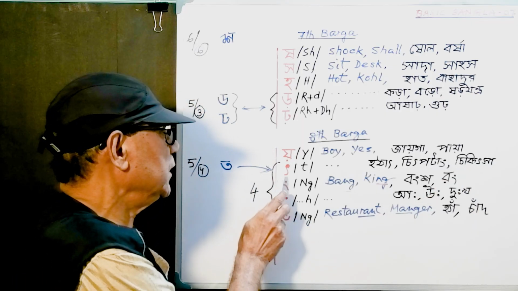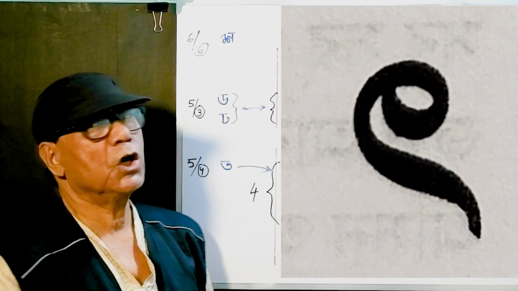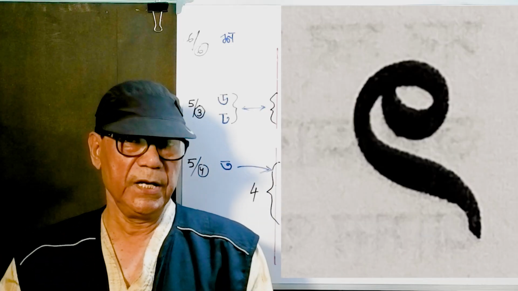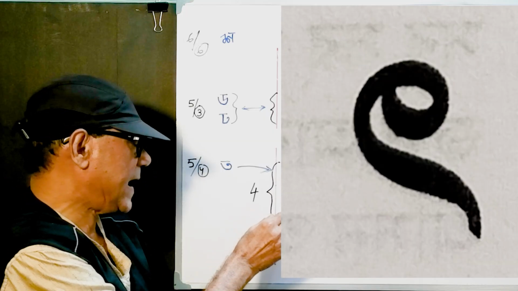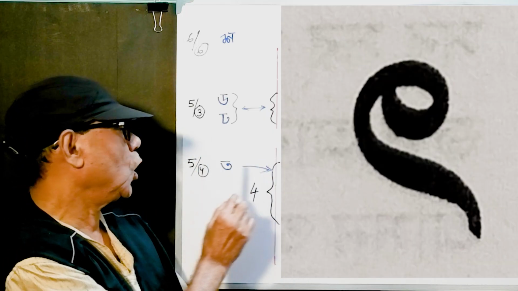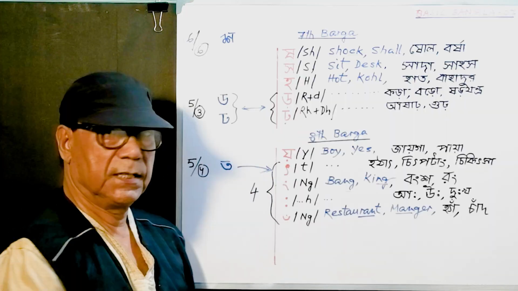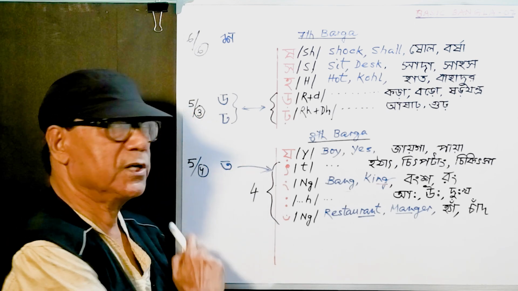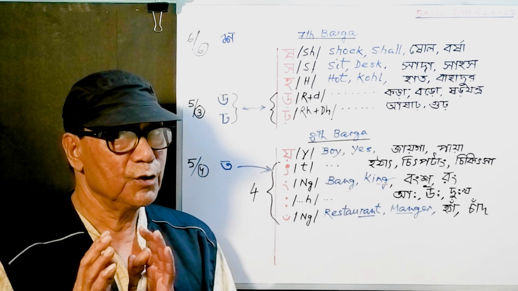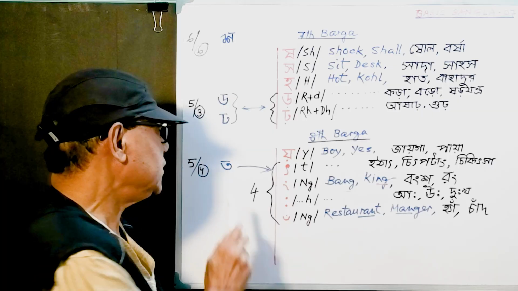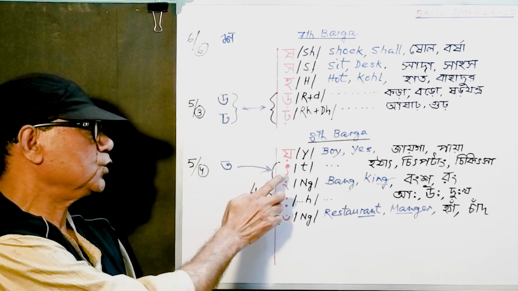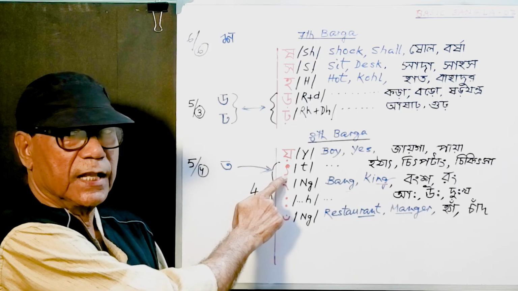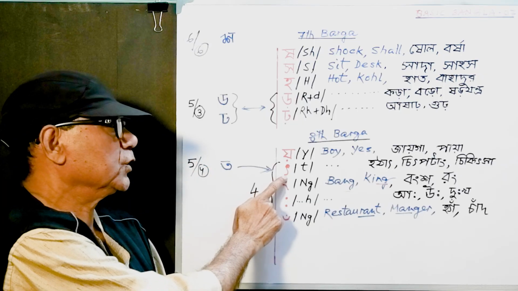Now come to the next one, Ta. This Ta is called Khanda Ta. Khanda means broken. Broken because we do not pronounce the full form of Ta. You will get it in the 5th session of Basic Bangla in the fourth varga. This Ta is full Ta, and this Ta is half Ta, that is Khanda Ta, broken Ta.